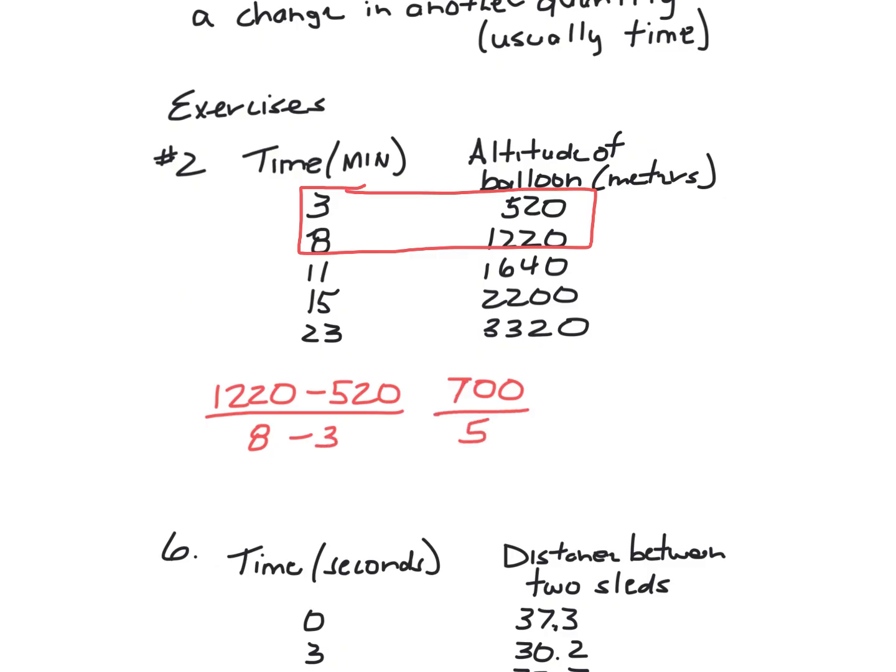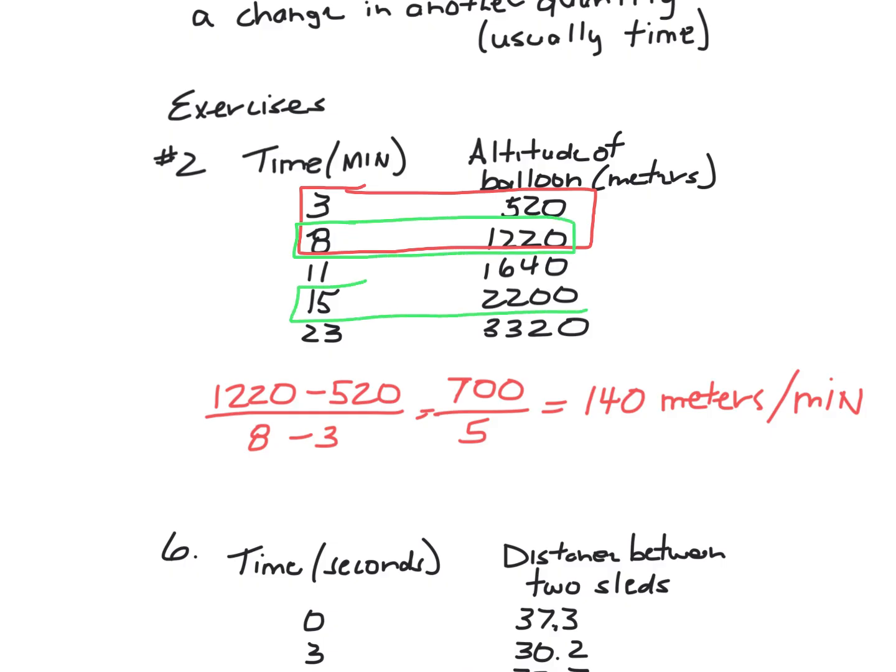If I take 700 and divide by 5, that goes in there 140 times. So in this example, the rate of change would be 140 meters per minute. If I do this for some other units of time, let's say I use the 8, 1220 and the 15, 2200, I would do the same thing.